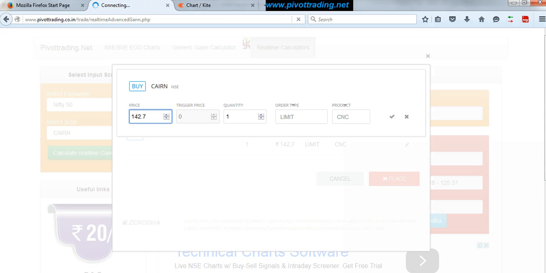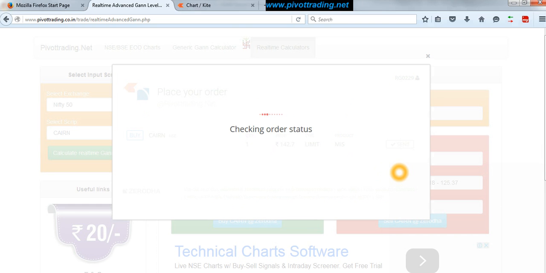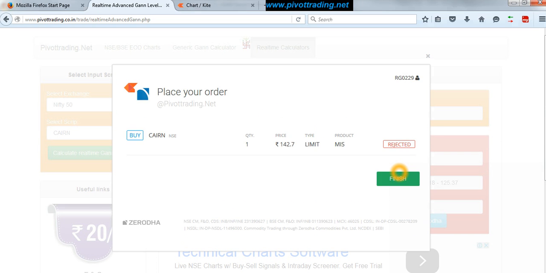Here I change it to intraday. This is done, and I place an order. Since the market is closed, it is definitely going to reject the order, but let's see what it shows. Exactly, it's rejected. Auto square off blocked. It means the market is closed for the square off now.